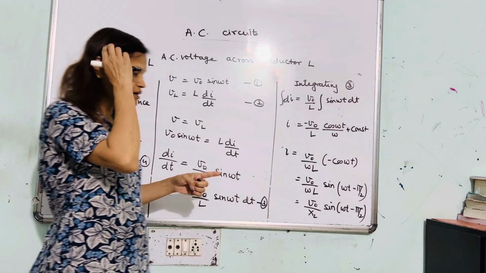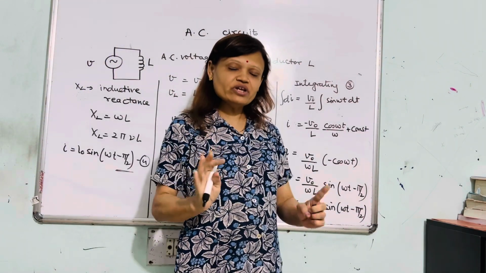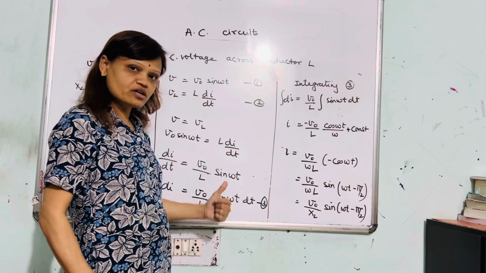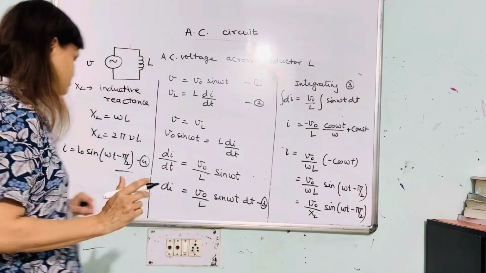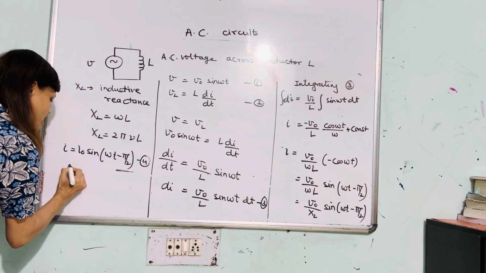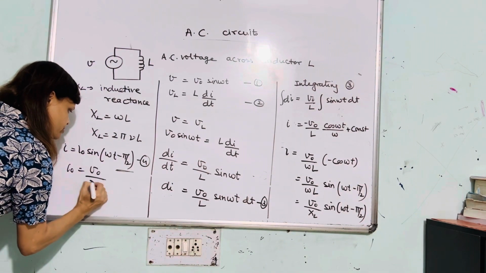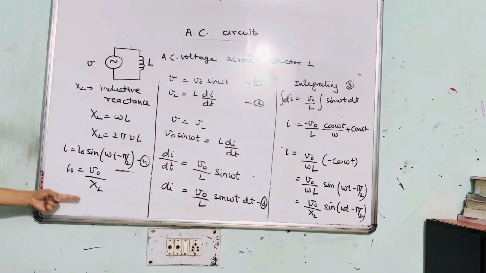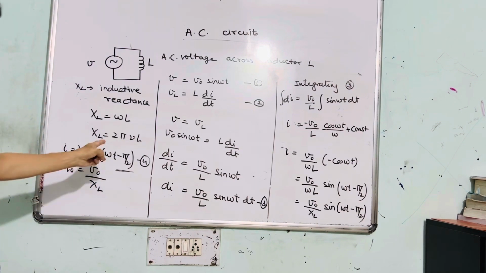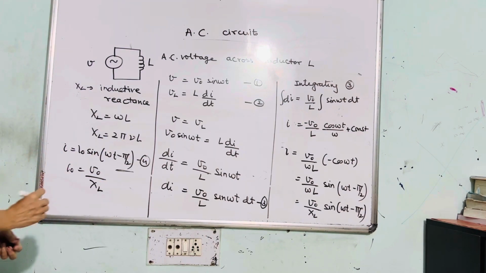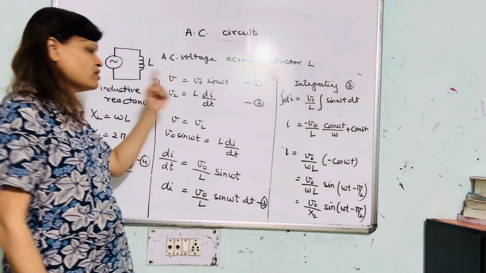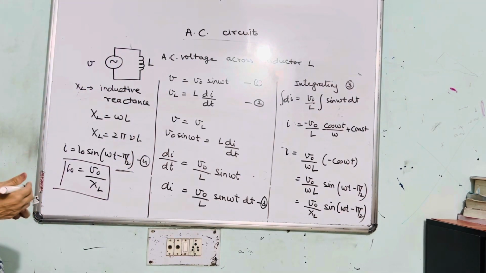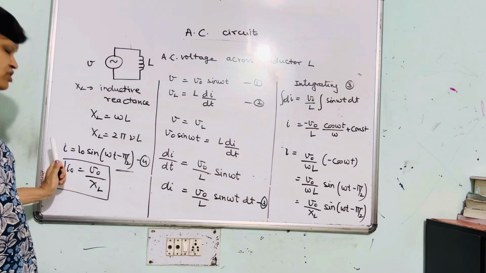Remember, in a purely resistive circuit, we had I naught equals V naught by R. Here it is V naught by XL, and XL you already know is omega L or 2 pi nu L. In this way you can find the current amplitude if you know the peak voltage, and then you can even write the equation of the current.